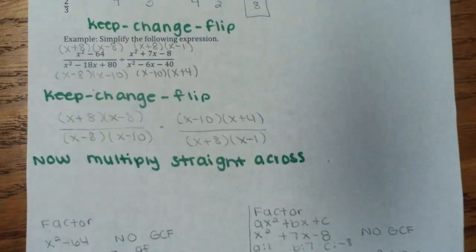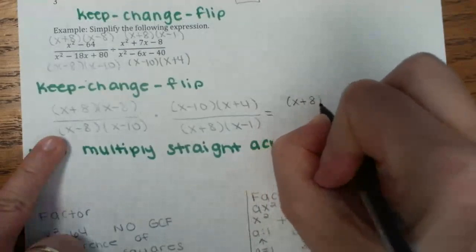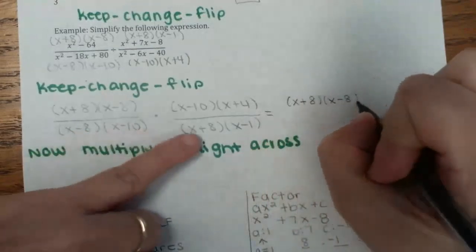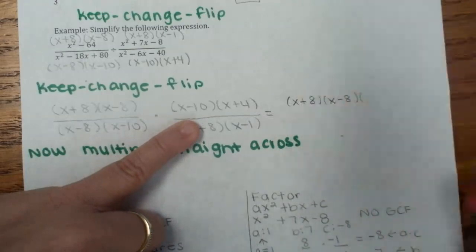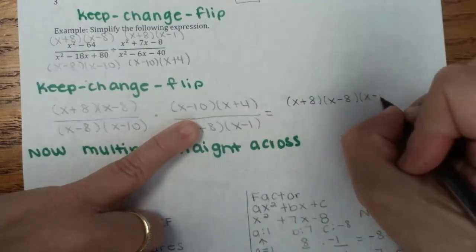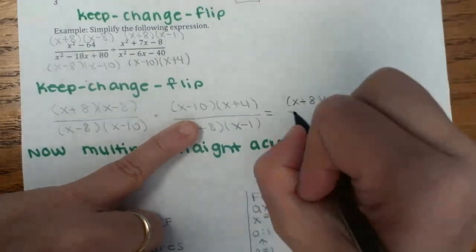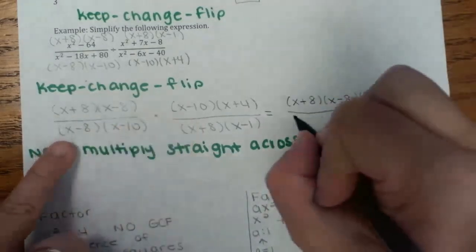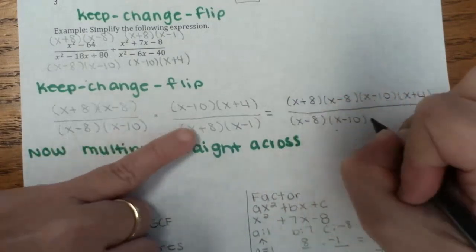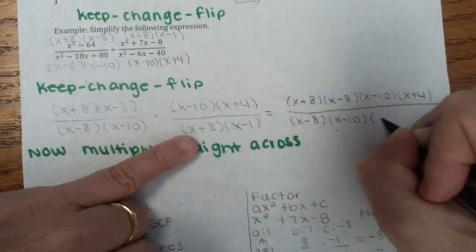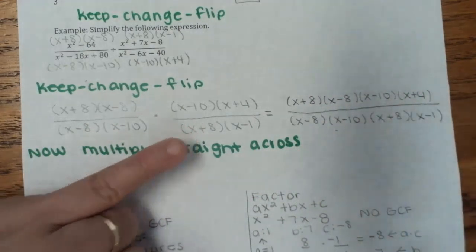So multiplying straight across, we're going to get x plus 8 times x minus 8 times x minus 10 times x plus 4 all over x minus 8 times x minus 10, times x plus 8 times x minus 1.